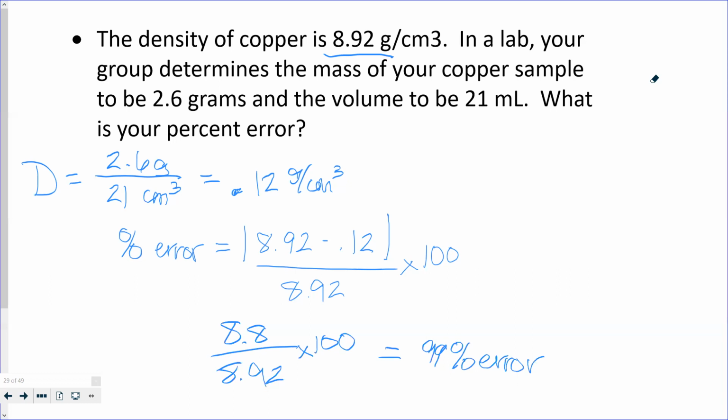So don't get discouraged if you end up with a very large error, especially because we are not working in optimum lab conditions or in a controlled environment all the time. But that's how you are going to calculate percent error. Like I said, that formula is not on your reference sheet. So that is one that I would make sure that you remember for the upcoming test. But that will be used in labs throughout the course of the semester.